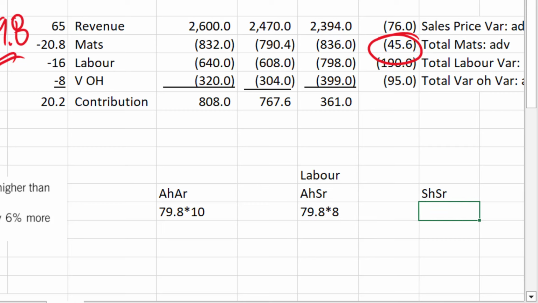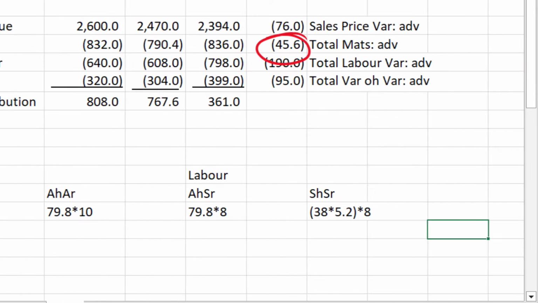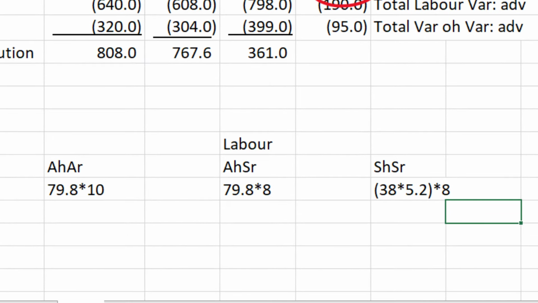And when we produce 38,000 units, each unit should take 5.2. That came from the cost card. So that would be the actual hours. And then we multiply that by the standard rate, 8. Okay, there we have it.